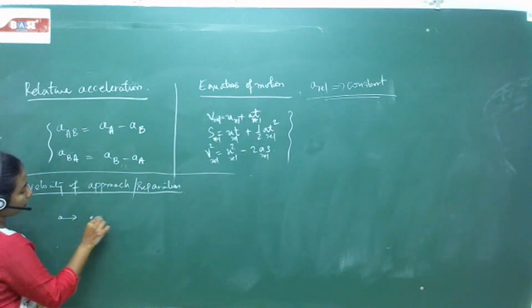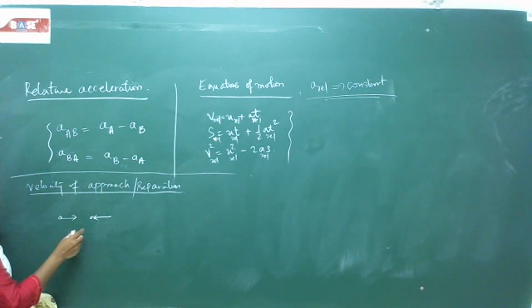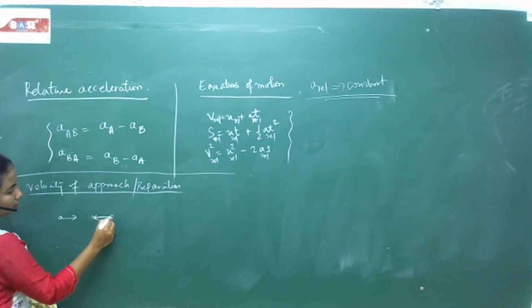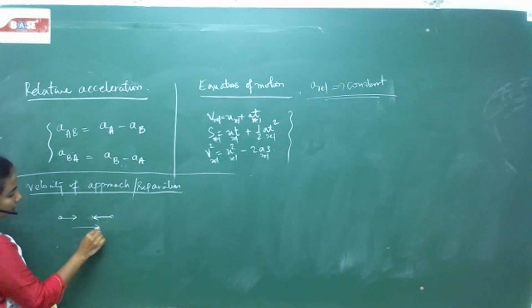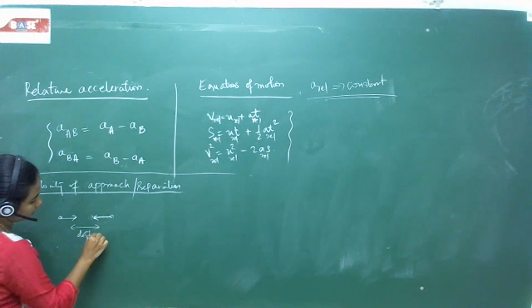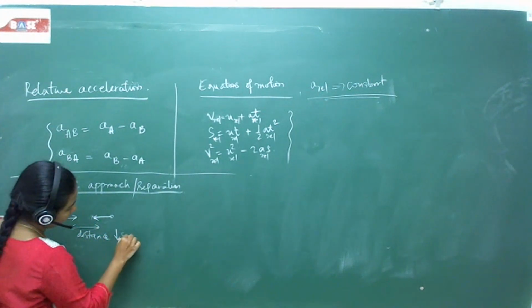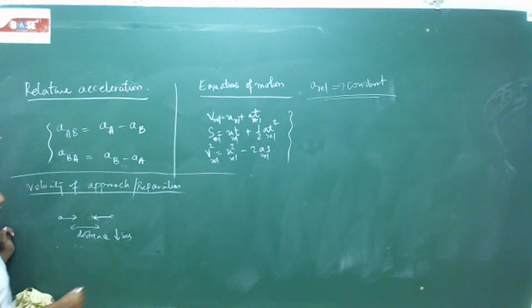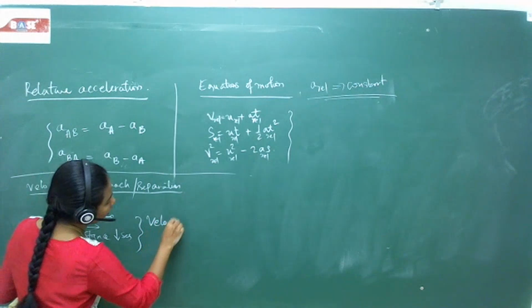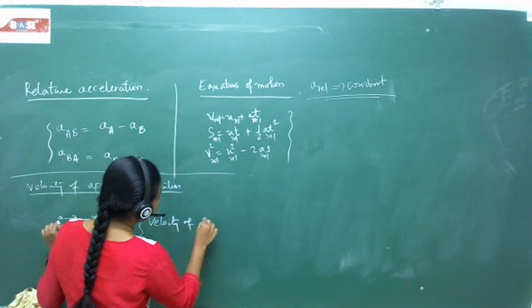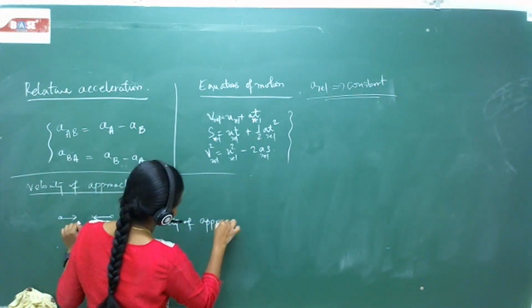So if the two bodies are moving in opposite directions, the distance decreases between the two. So this we call velocity of approach.